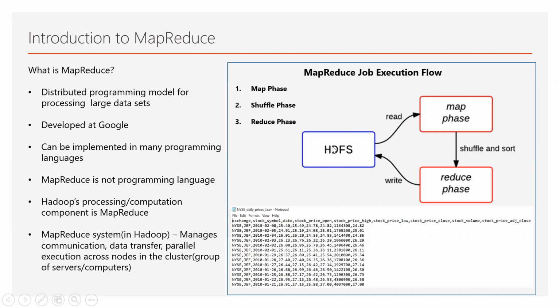Whatever input you pass to MapReduce is read from HDFS, and then there is a map phase where you run your mapper program. Please stop me if I'm going fast or if you're not able to understand. So you will have a mapper program and a reducer program.